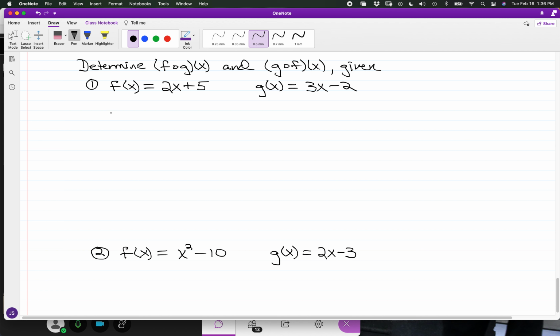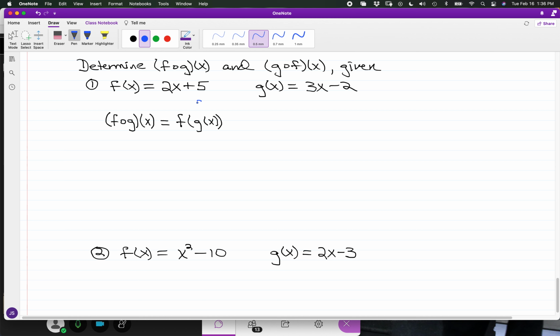Now for the first composition, we have f composed with g of x, and so we have f of g of x. And again, we're going to operate in accordance with f of x since we have f on the outside.